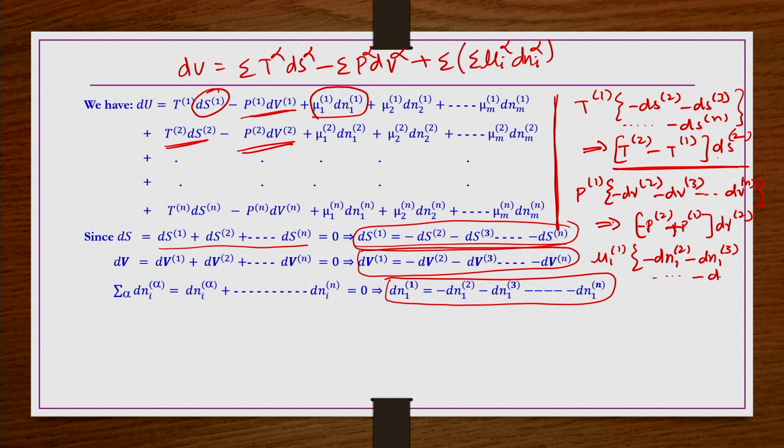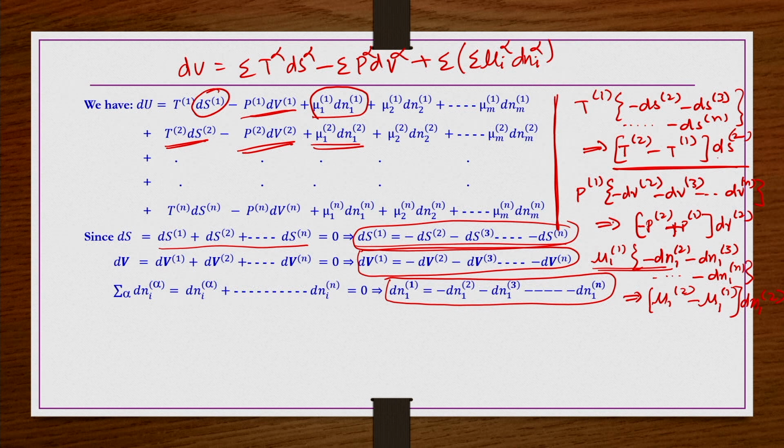So, mu1 in phase 1 is multiplied by dN1 in phase 1. In place of it, I write minus dN1 in phase 2, minus dN1 in phase 3, and so on, minus dN1 in phase n. Now, there is already mu1 in phase 2 multiplied by dN1 in phase 2. Out of these two, I write mu1 in phase 2 multiplied by dN1 in phase 2, and then minus mu1 in phase 1 multiplied by dN1 in phase 2. This is how I can write.